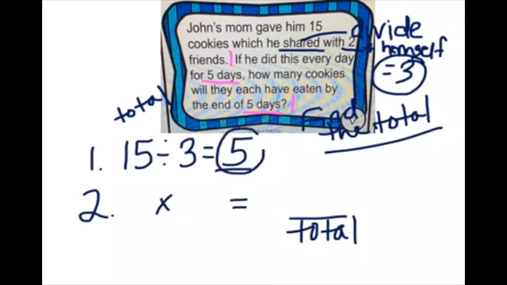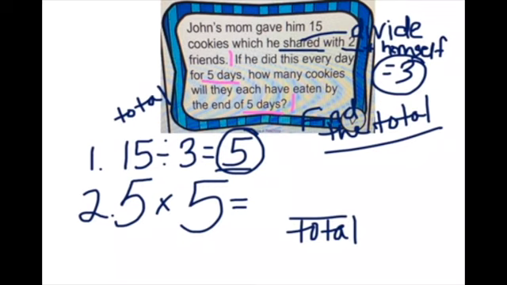So let's use that 5 that we had, because that's how many cookies that he ate with his friends, times if he did this every day for 5 days. So 5 times 5. What would be 5 times 5?